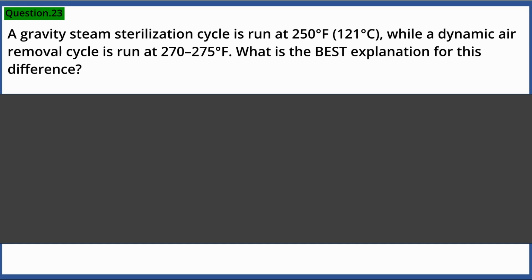A gravity steam sterilization cycle is run at 250 degrees Fahrenheit, 121 degrees Celsius, while a dynamic air removal cycle is run at 272-275 degrees Fahrenheit. What is the best explanation for this difference? A. Gravity cycles always sterilize faster.